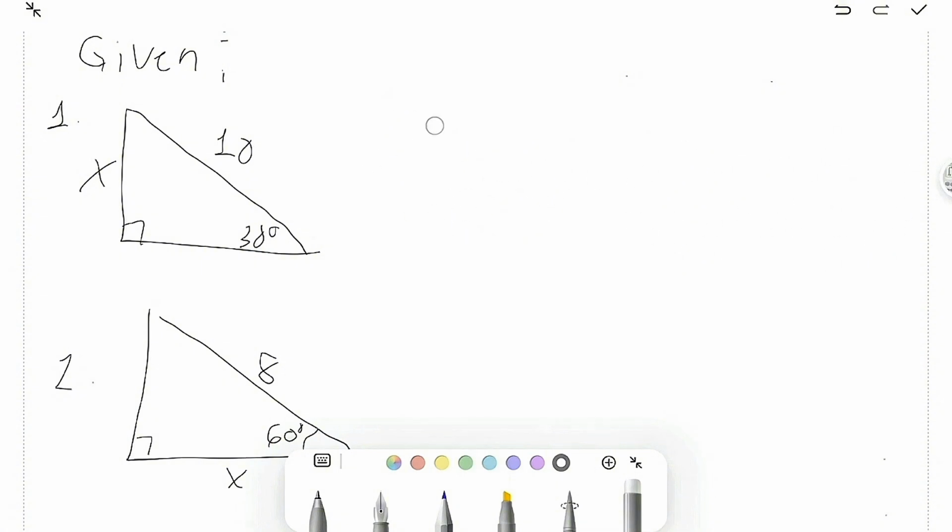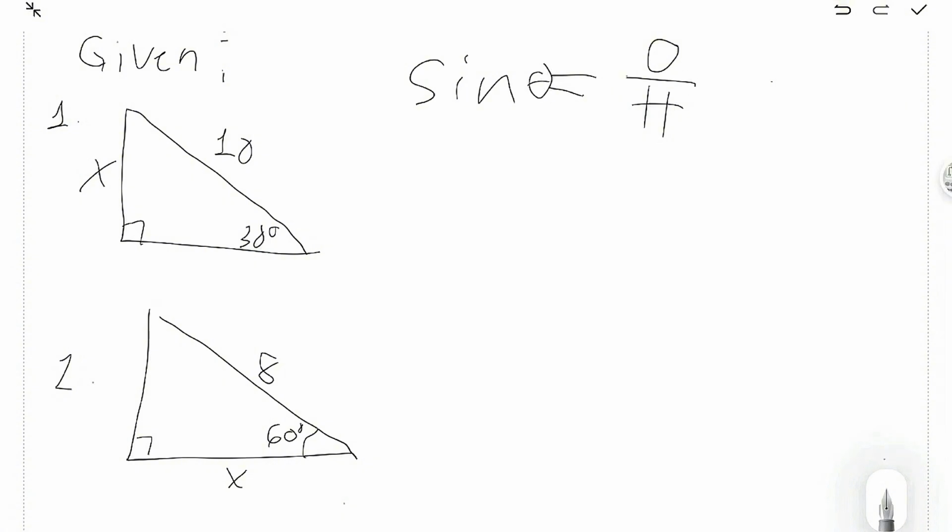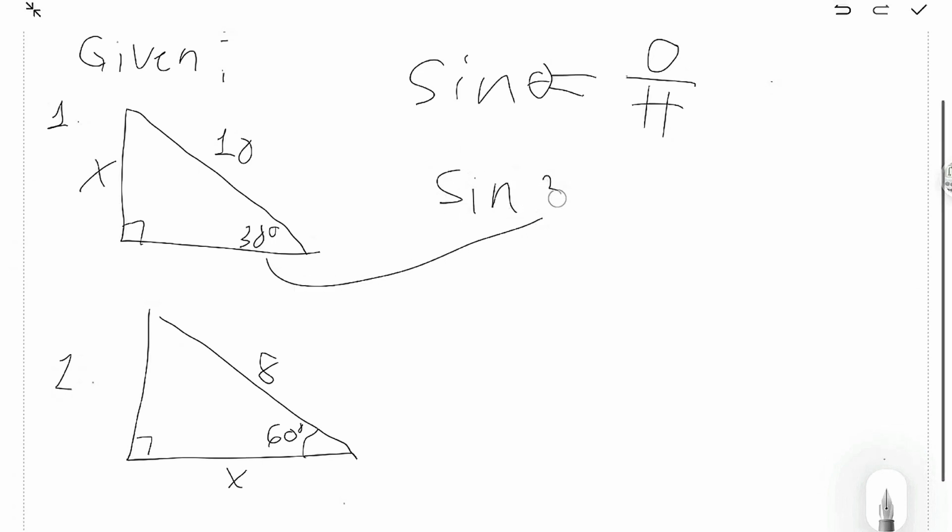Now, here is a given example. We are going to identify which ratio it is. So, it is sine. Sine means opposite over hypotenuse. Then sine of 30 degrees. Then our opposite is x, and our hypotenuse is 10.